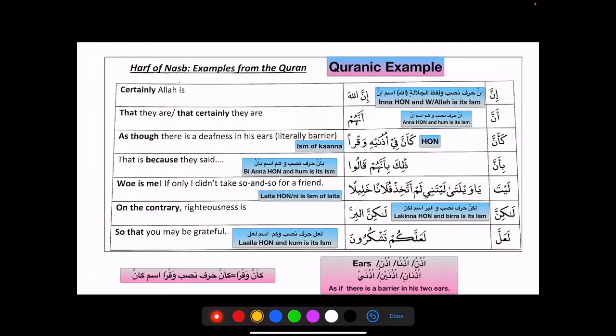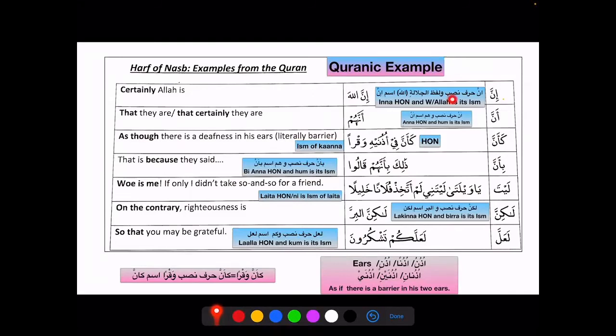Okay, more examples. This is how we are learning how to label it. So inna, we know this is our harfu nasab, and inna allaha, right? So Allah, the word Allah, lafzul jalala, is nasab in status. So basically this is harfu nasab fragment. So inna, how are we going to say it?